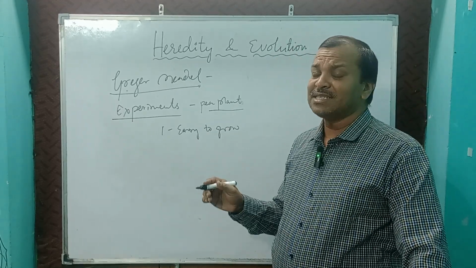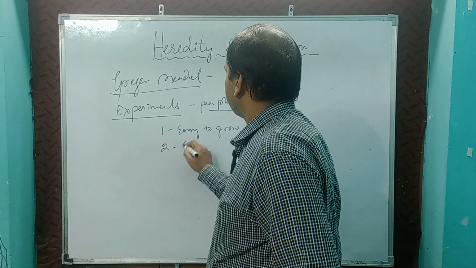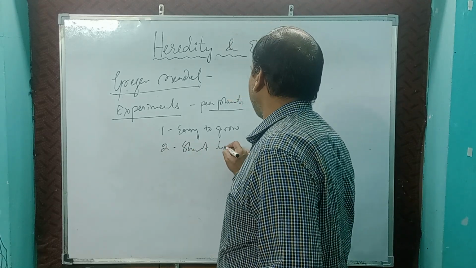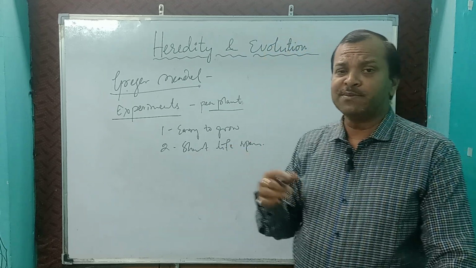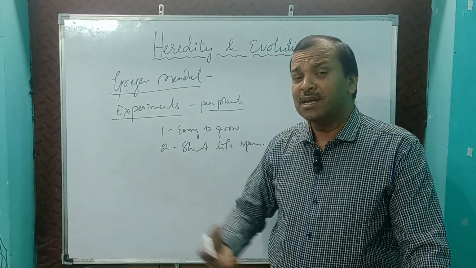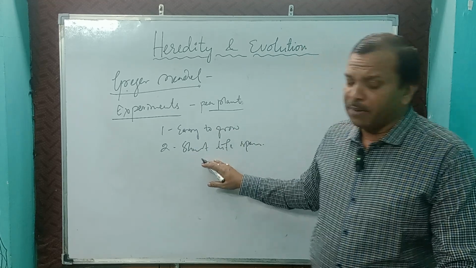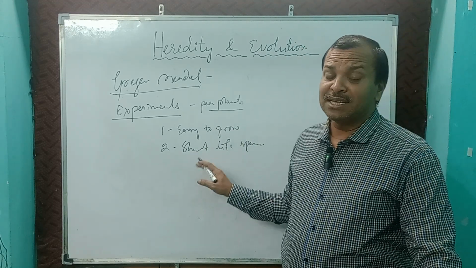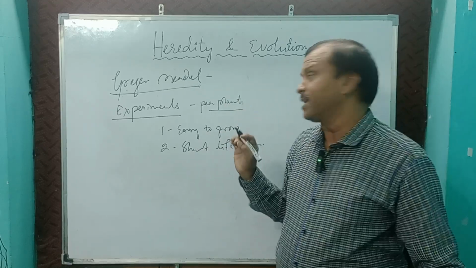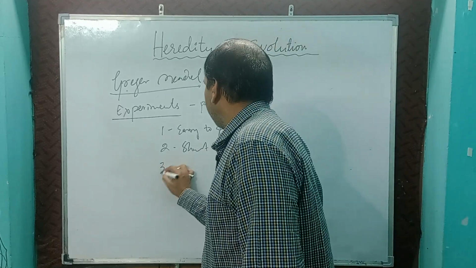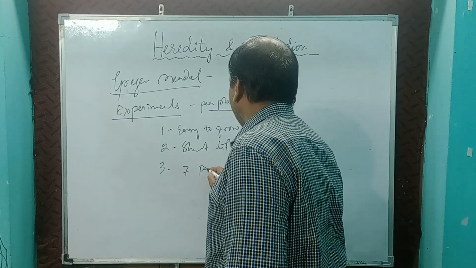Second one is having a very short lifespan. Clear? In a short lifespan he can experiment many times. That's why he chose pea plant. And next, it has 7 pairs of contrasting characters.